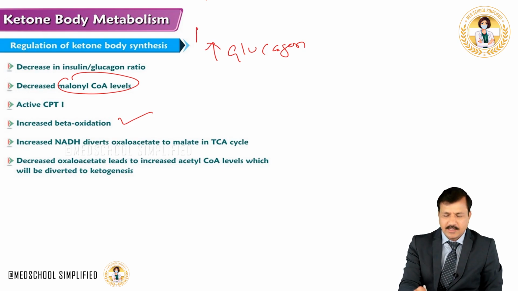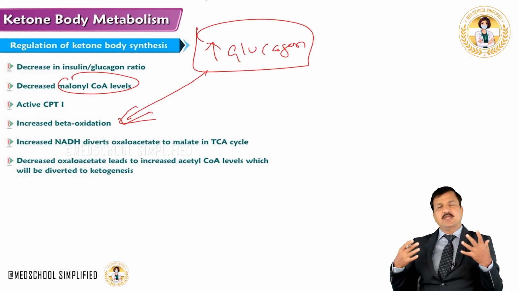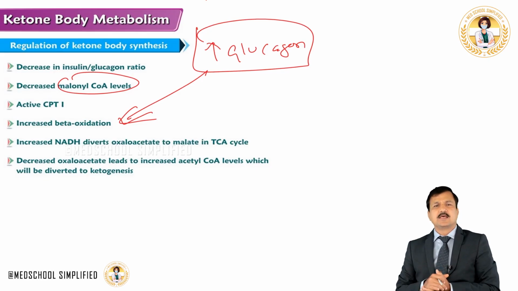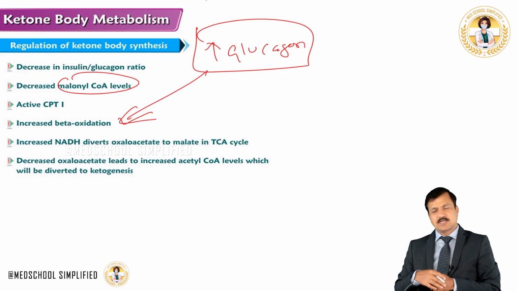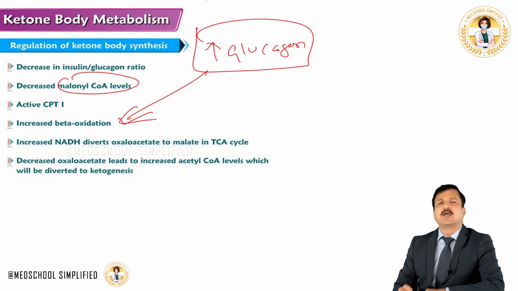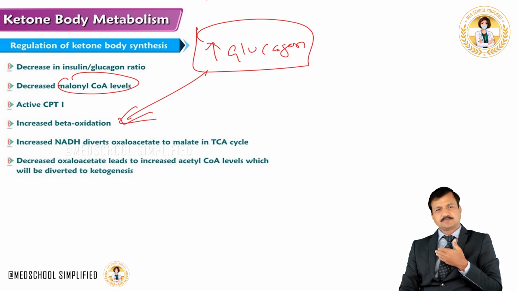That's how higher glucagon levels will increase beta oxidation by freeing CPT1 over the outer mitochondrial membrane, and that is done by decreasing malonyl-CoA levels, because malonyl-CoA is a negative modulator of CPT1. That's one thing. Second thing is, whenever this beta oxidation is going on, there will be higher levels of NADH plus, and that higher NADH, what it does in the TCA cycle, it is going to convert oxaloacetate into malate.